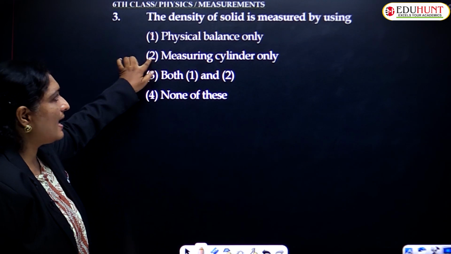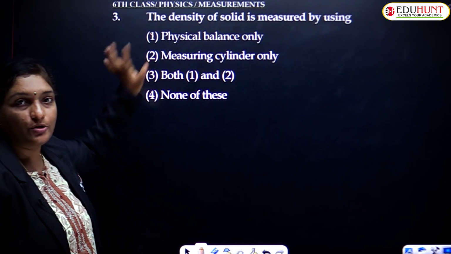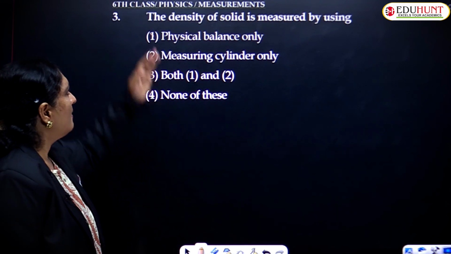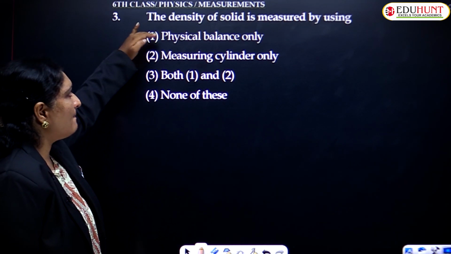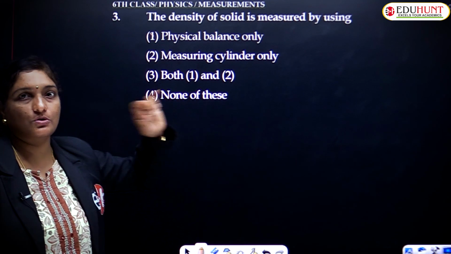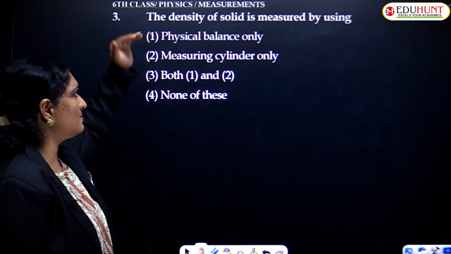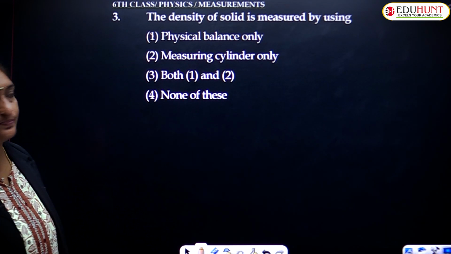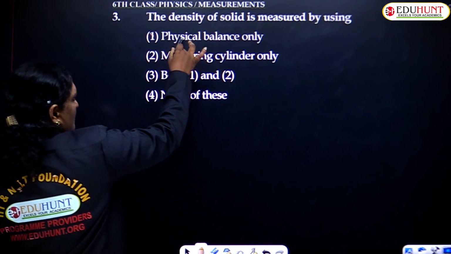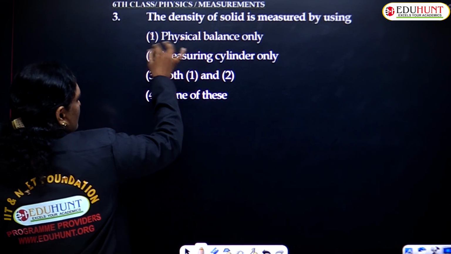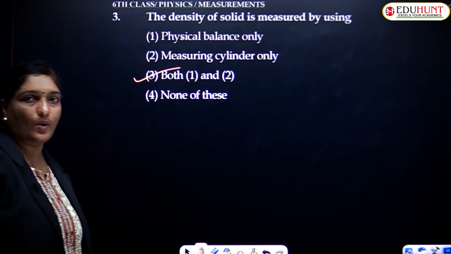Again, then with the help of measuring cylinder, you need to find the volume of the given object. Then the density is calculated by mass upon volume. So to find the density, you need to depend on two factors. One is mass, the other is volume. Okay. So to measure mass, we use physical balance, and to measure volume, we use measuring jars. So answer is both 1 and 2.